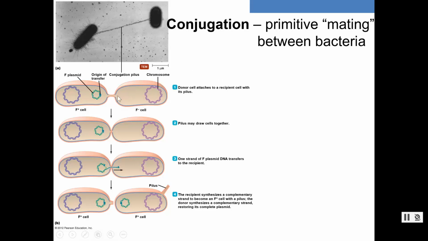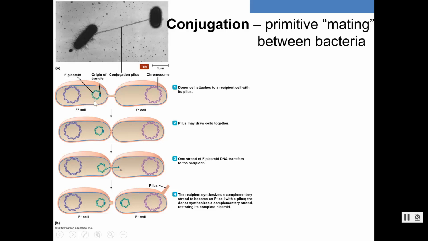Conjugation. Do you remember that pilus? We talked about pili, where it can form this structure between neighboring cells. It's a specialized form of fimbriae, and it involves genetic transfer. And we said what gets transferred is not the chromosome, but a plasmid. So if you go back and review that, you had an F positive cell.